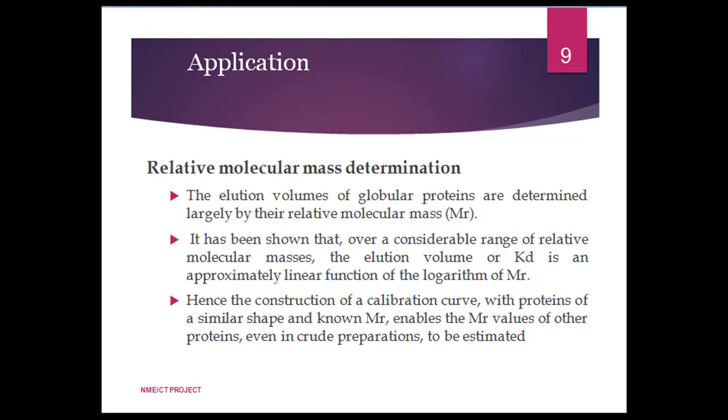It has been shown that over a considerable range of relative molecular mass, elution volume or Kd is an approximately linear function of the log of molecular weight. Hence, the construction of a calibration curve with proteins of similar shape and known molecular weight enables molecular weight values of other proteins, even in a crude preparation, to be estimated.